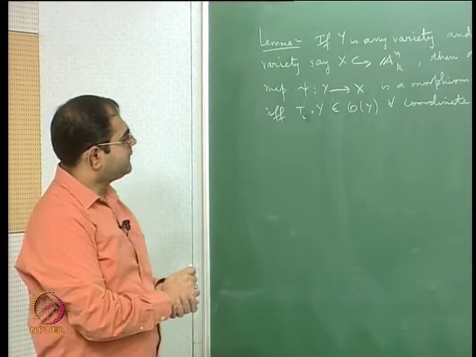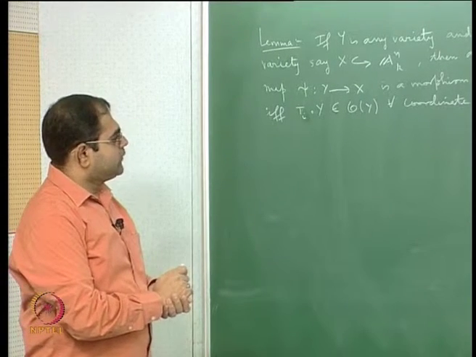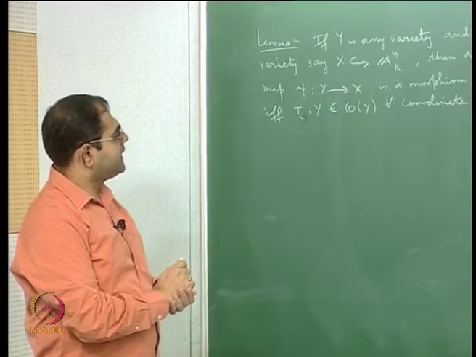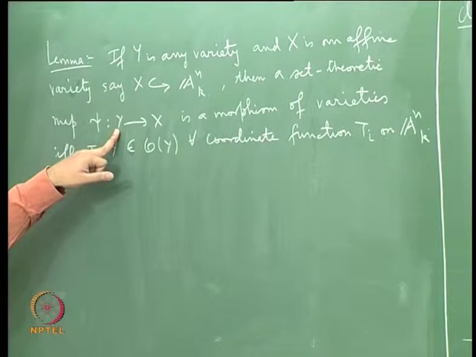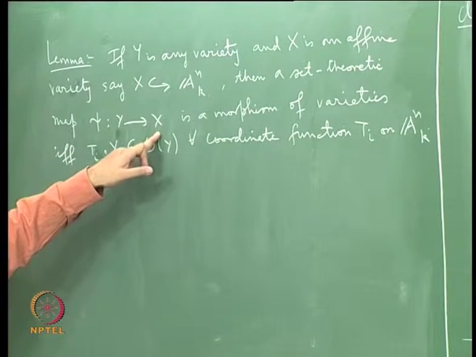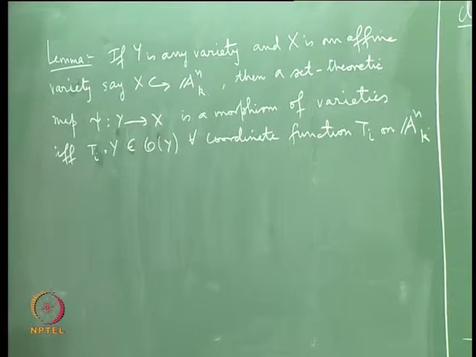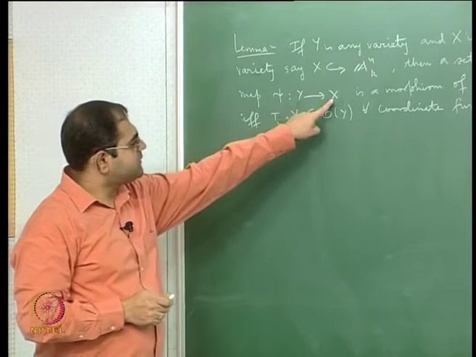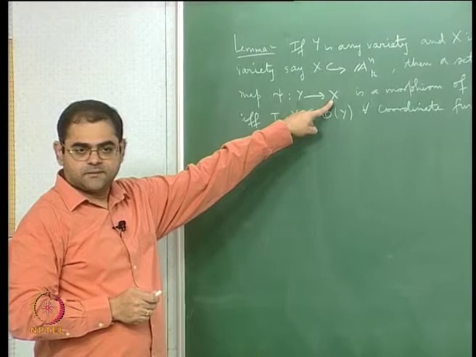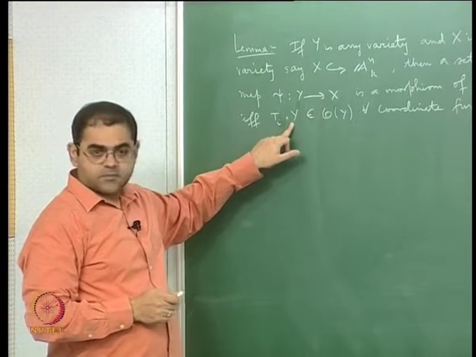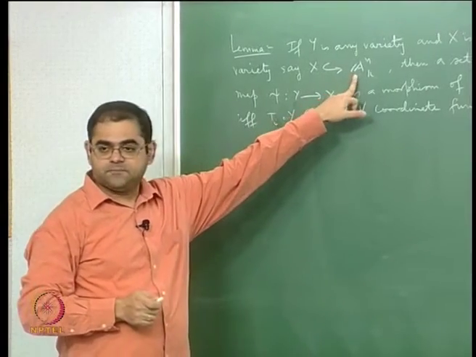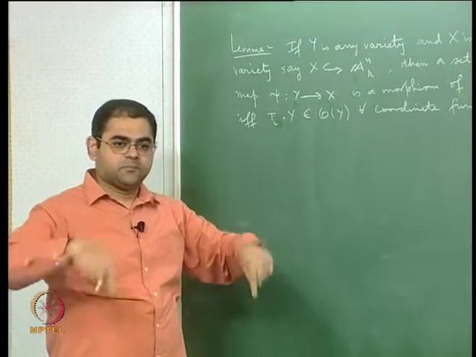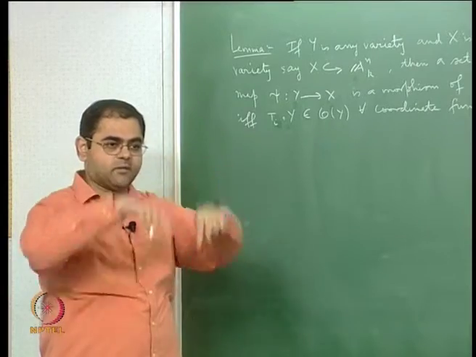And so all it's saying is that from any variety, which may be affine or not affine, if you have a set theoretic map into an affine variety, to check that it is a morphism of varieties, all you have to do is compose it with the coordinate projections. The target variety is sitting inside some affine space. On that space you have the projections giving you the various coordinate functions.